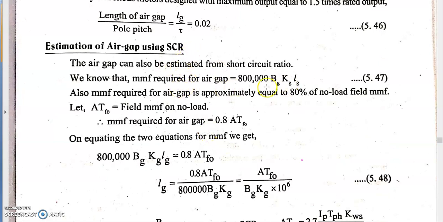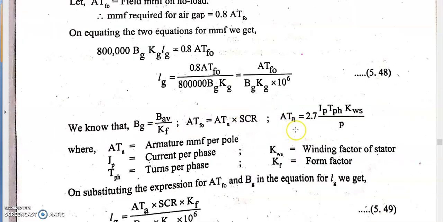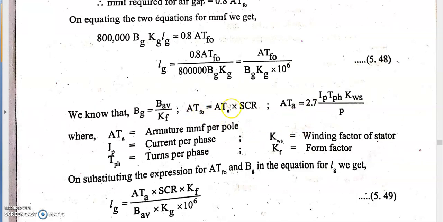So air gap MMF, we know this is the formula 800000 Bg Kg Lg, and this ATf naught is the field ampere turn on no load. So MMF required for air gap is 80% of this ATf naught. So it is 0.8 ATf naught. So from this we are writing for this Lg, ATf naught by Bg Kg 10 to the power 6. And this ATf naught in turn is armature ampere turns multiplied with this SCR.